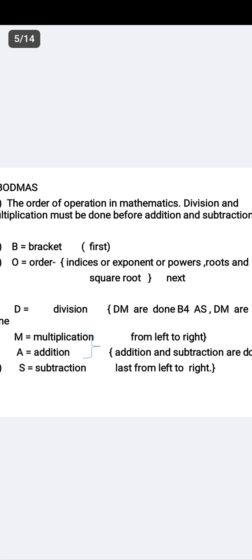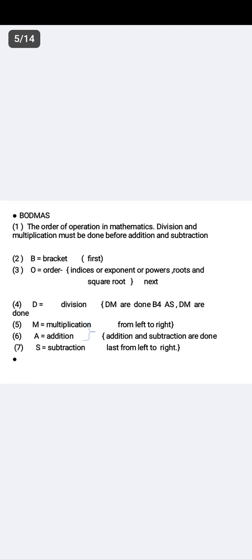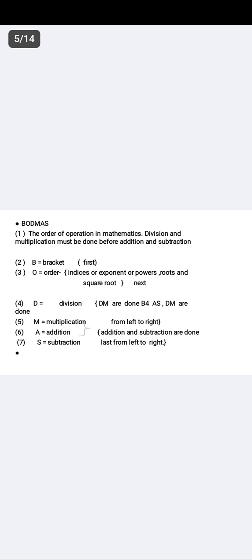That is the priority. Addition and subtraction are done last, and they are also performed from left to right.